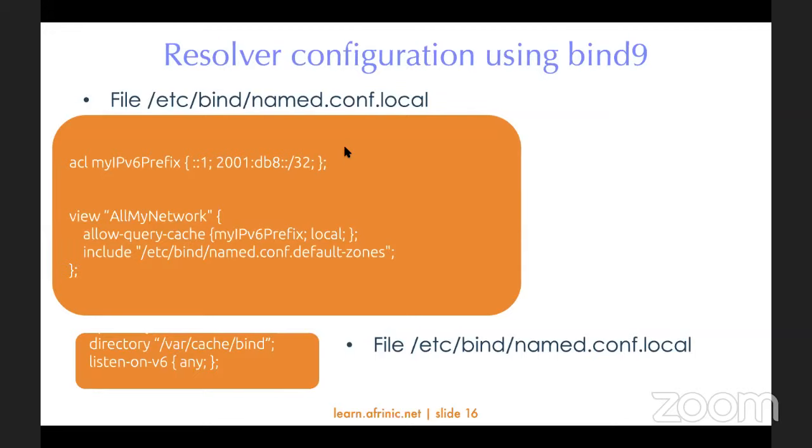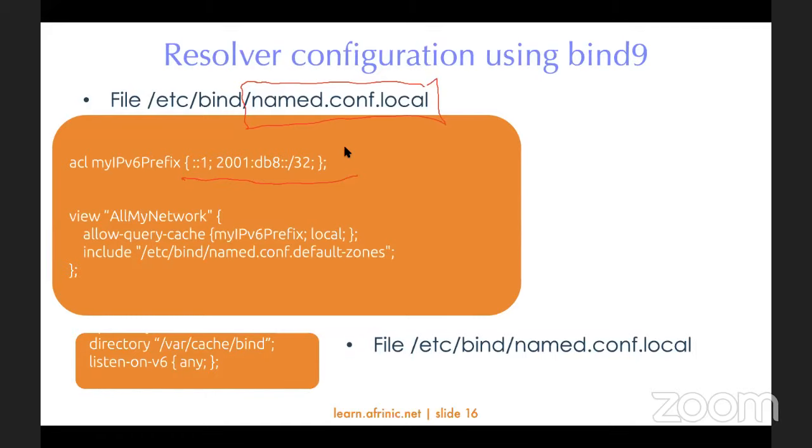With BIND 9, in your config file, which is usually named.conf.local depending on what you are doing, you'll create an ACL for your network. Here we have an ACL where we put localhost ::1 and our network. And you will create a view.